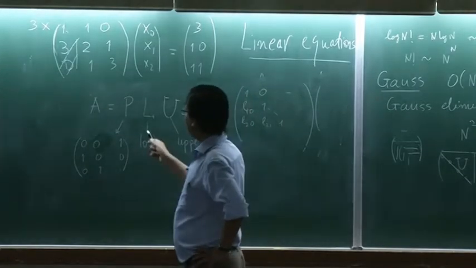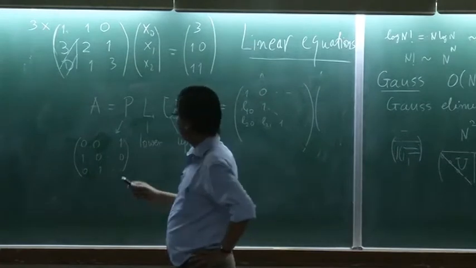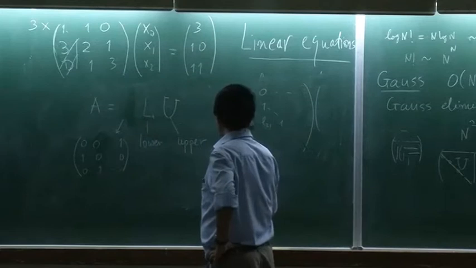So let us see, given L and U, how to compute Ax equal to B. Let us assume that P, which is irritating, is not there.